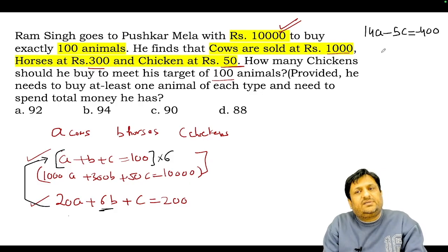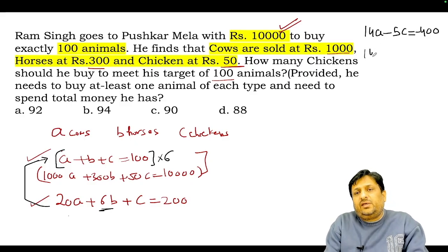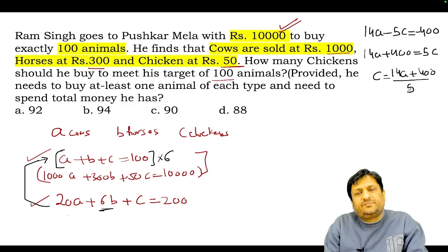I need to find C, so let me convert C into terms of A. So 14A plus 400 must be equal to 5C. I just reshuffle them, and the value of C must be 14A plus 400 divided by 5.